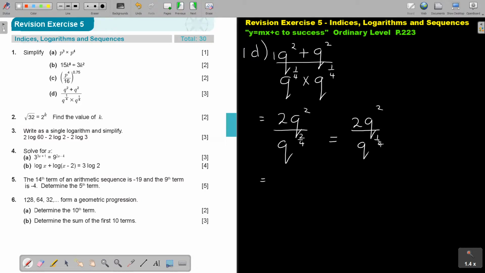And what do I do? If it's division, I subtract. So this is going to give me then 2q^2 minus a half. And that's going to be 2q, and it's going to be 1 and a half. Okay, and I can leave it like that, or I can go back to the fractions.